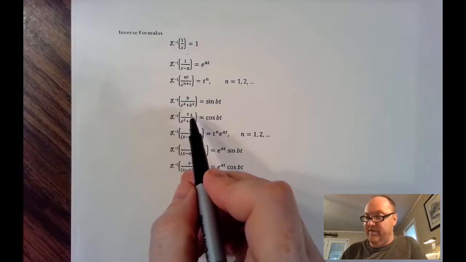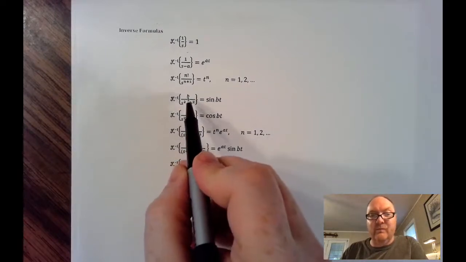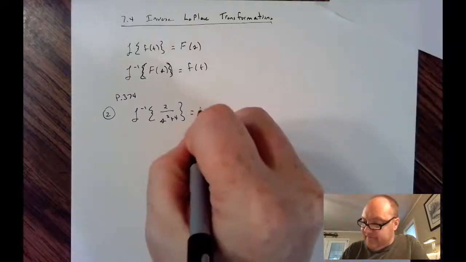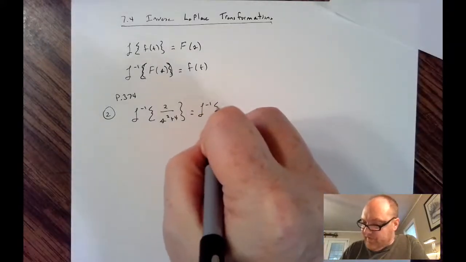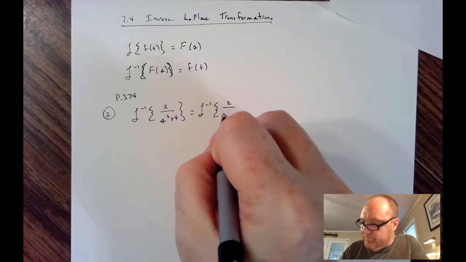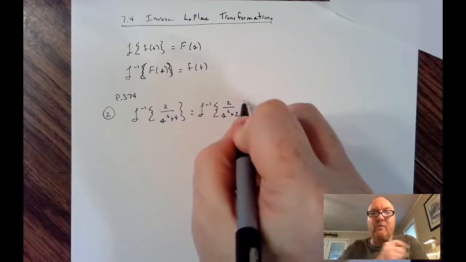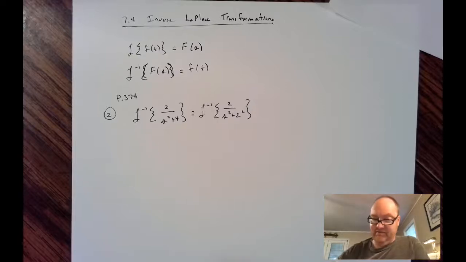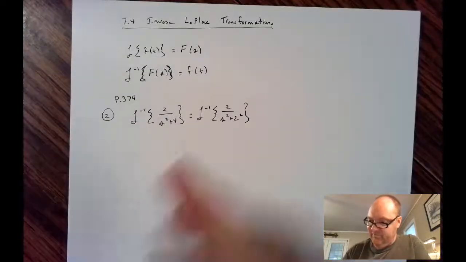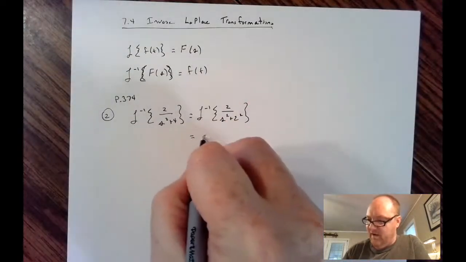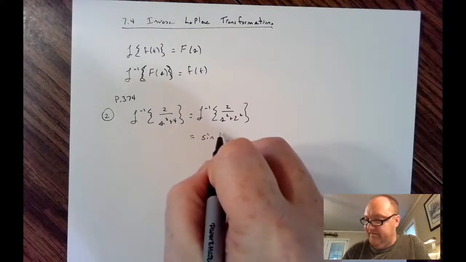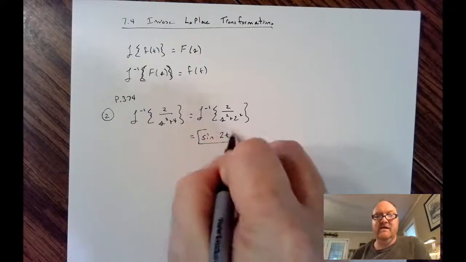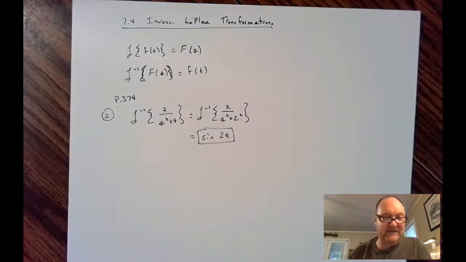So it would have to already be there. B is a constant, so I can deal with the constants without any issue. So this problem is going to exactly fit this form. I can rewrite 4 as 2 squared, and then there's already a 2 in the top. That fits the form exactly. And so this is equal to the sine of bt, in this case, the sine of 2t.